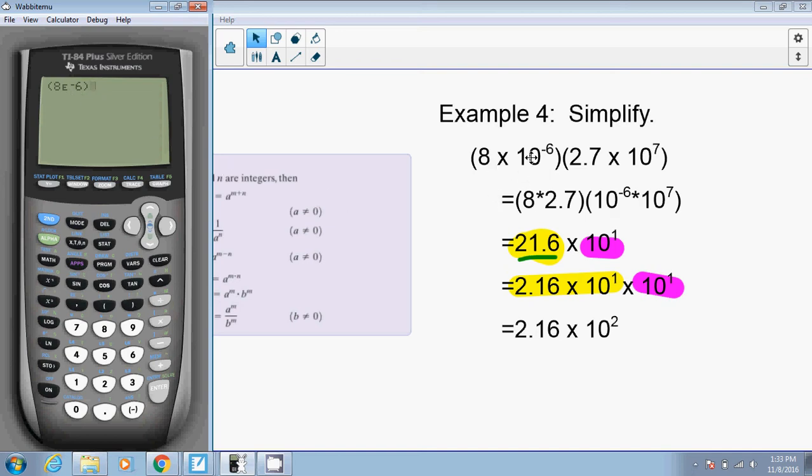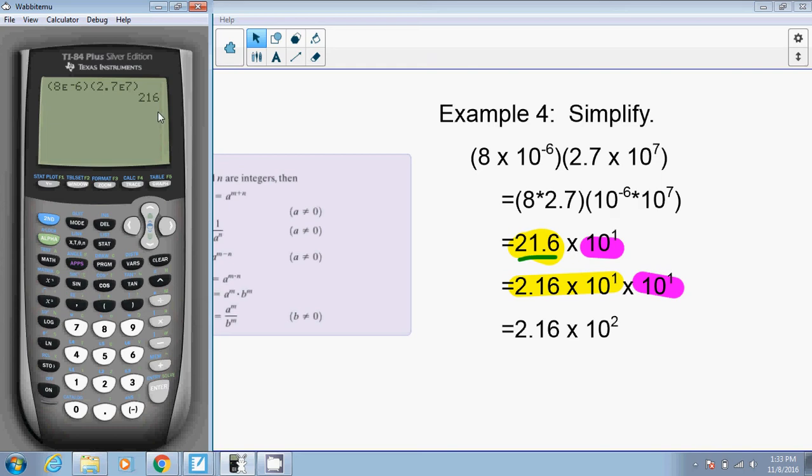So 8 times 10 to the -6 is the same thing as 8E-6. I'm going to multiply that by 2.7, again times 10 with an exponent of 7. The EE stands for exponential expression, so that way we know it's in scientific notation, and the second E is just the exponent.